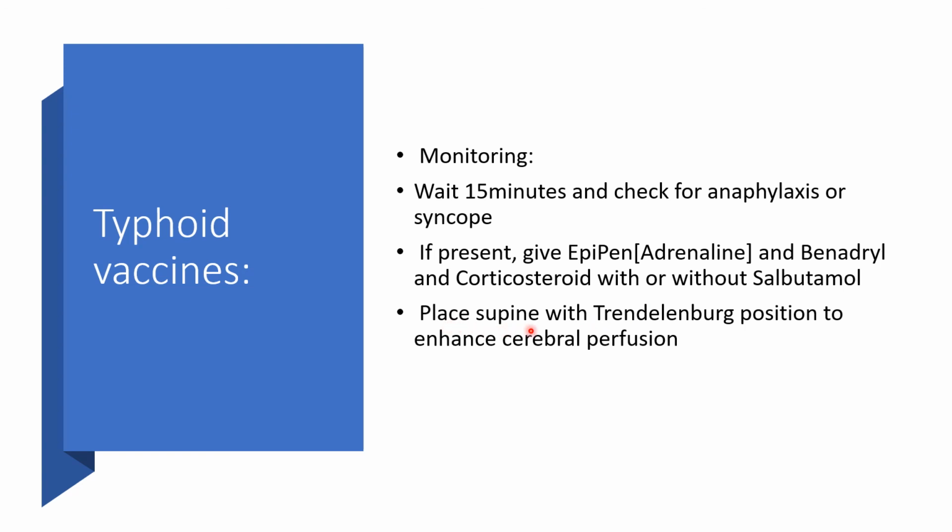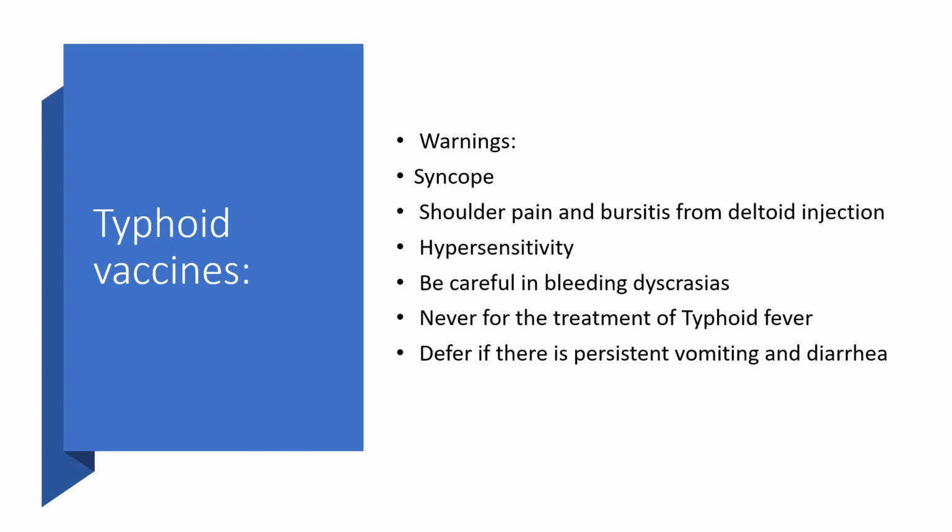We'll place the patient supine with an elevated leg position to enhance cerebral perfusion in anaphylaxis and syncope. There may be syncope, there may be shoulder pain and bursitis from the deltoid injection site.